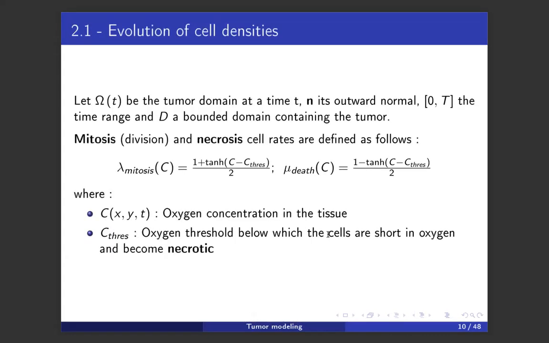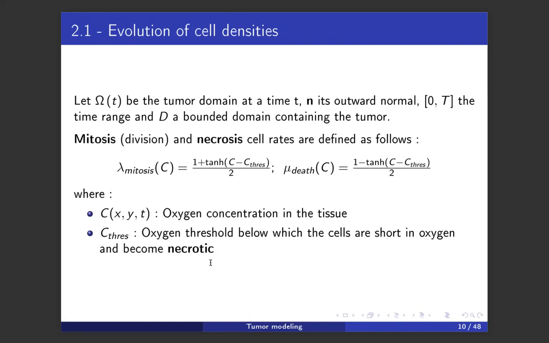Let Omega be the tumor domain at a time t, and we denote by D a fixed domain which contains the tumor. We denote by lambda mitosis the rate of mitosis, and by mu the rate of death, or the rate of necrosis.